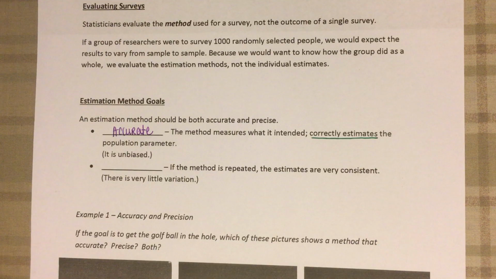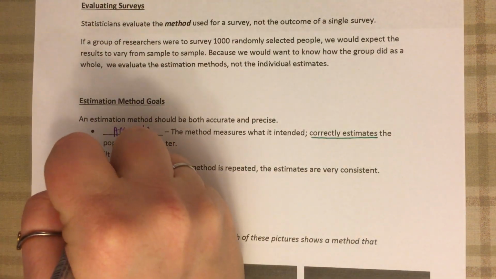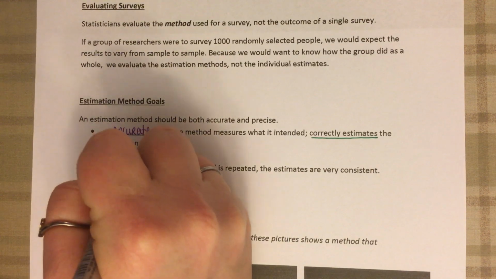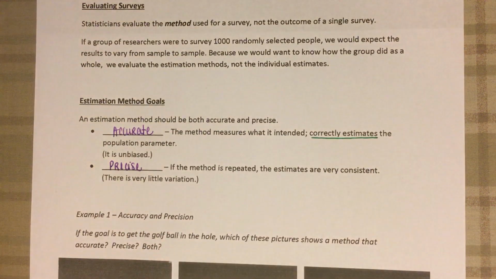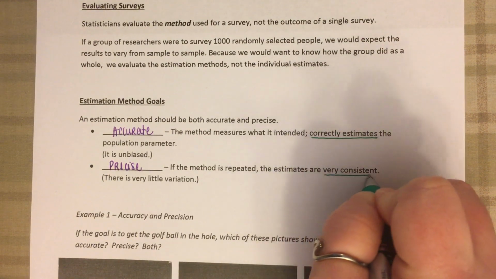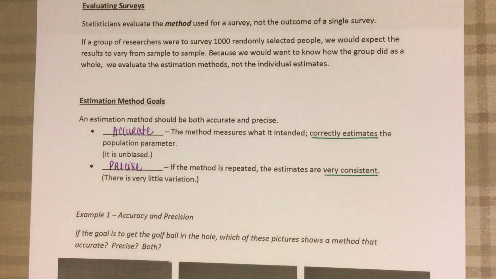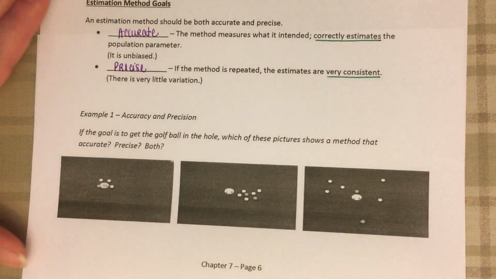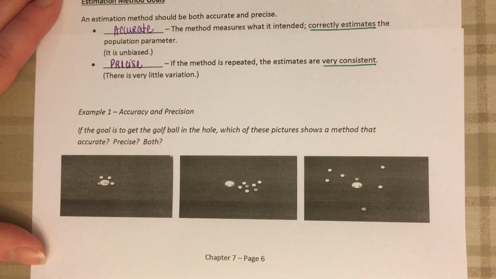It is unbiased. The other thing we want to look at is whether or not it is precise. If the method is repeated, the estimates are very consistent. So we are looking at two different things: whether our estimates are correct and whether or not they are consistent.